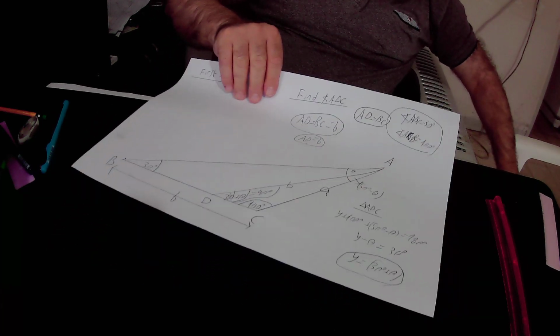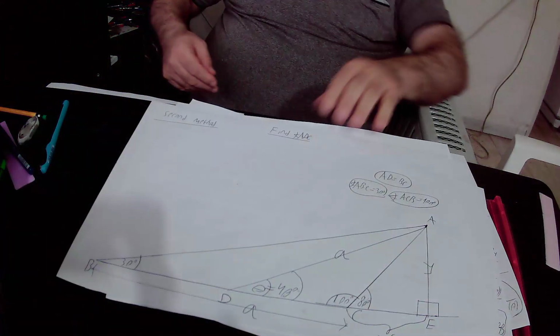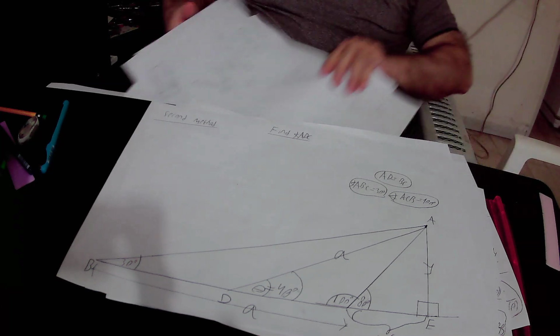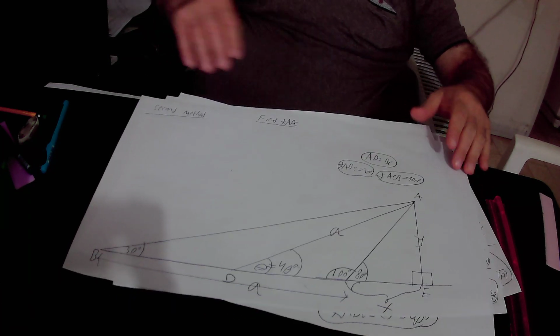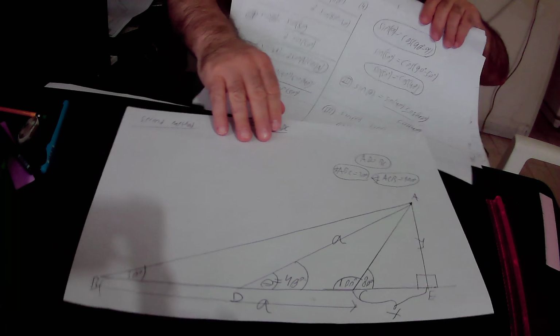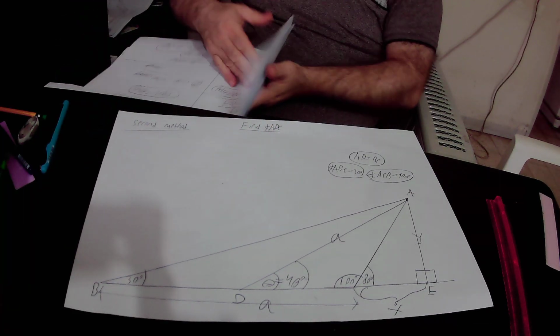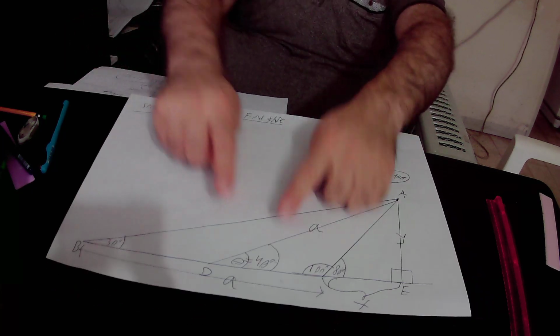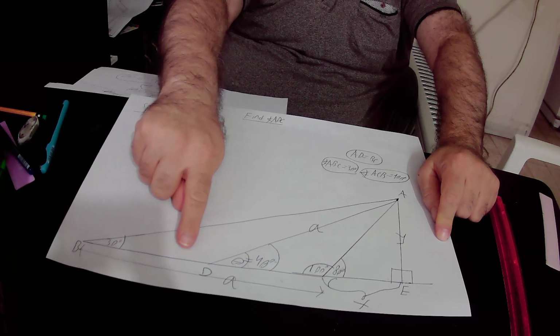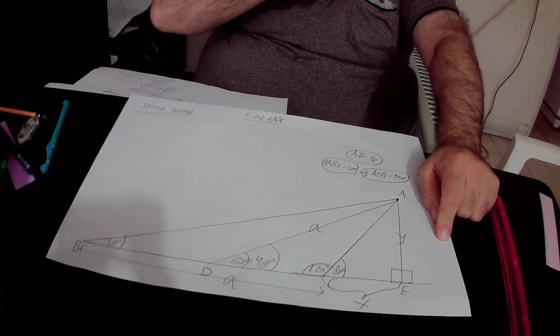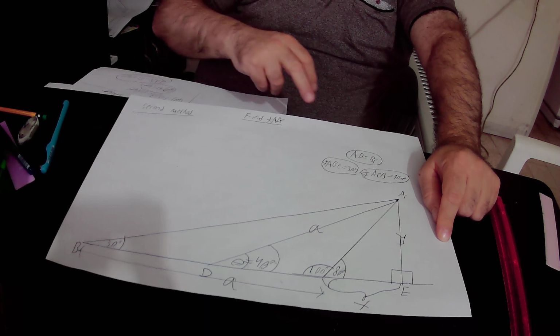Then I presented to you how to find the value of angle ADC according to the second method. In the second method, we defined BC as A, that is to say BC equals A units in length.